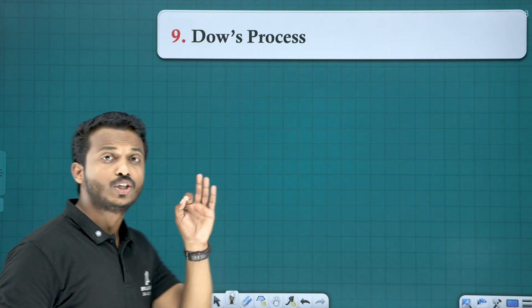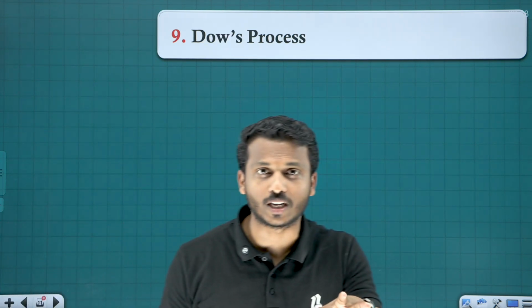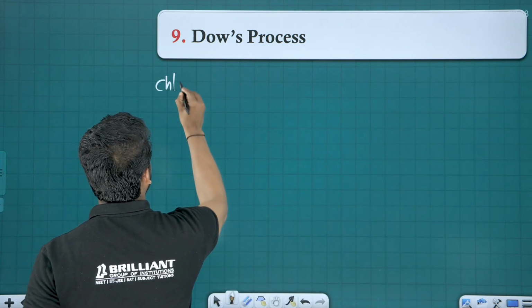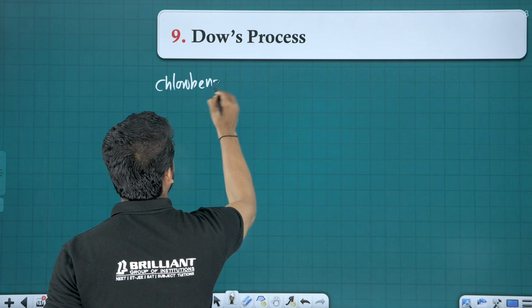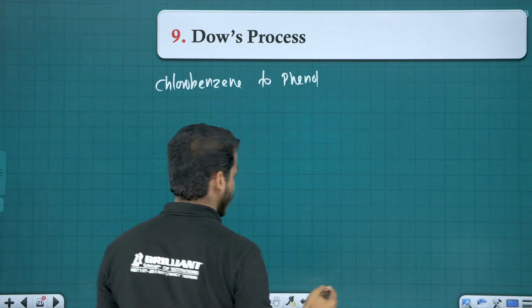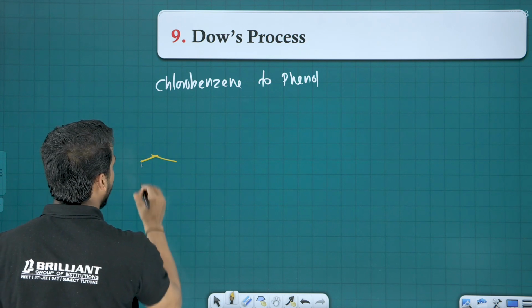Next one, what is Dow's process? Chlorobenzene to phenol is called Dow's process. What is the reaction? Take chlorobenzene.